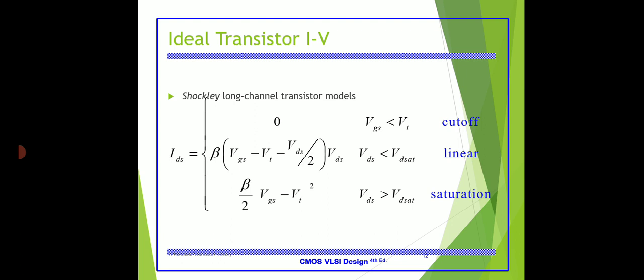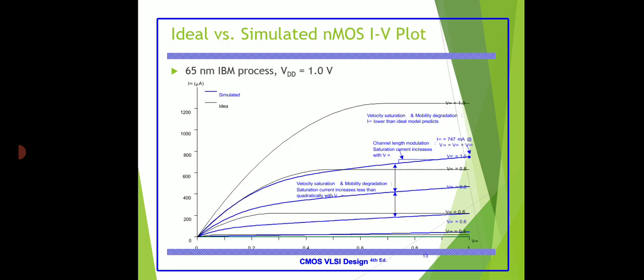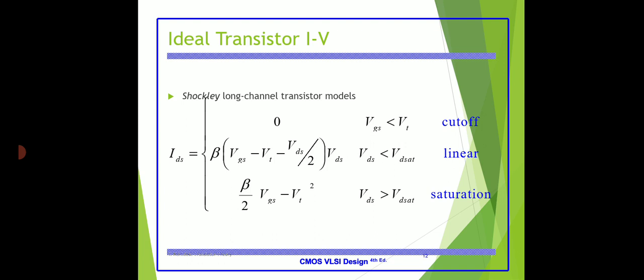Here we have the cutoff region, linear region and saturation region. In the case of cutoff region, VGS will be less than VT. In the case of linear region, VDS will be less than the saturation voltage, and in the case of saturation, VDS will be greater than VDsat.